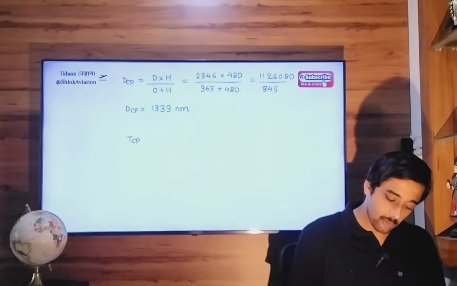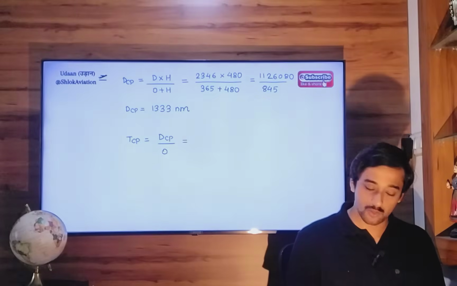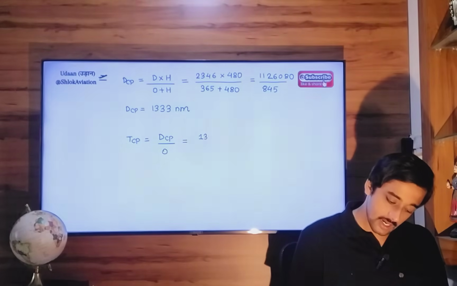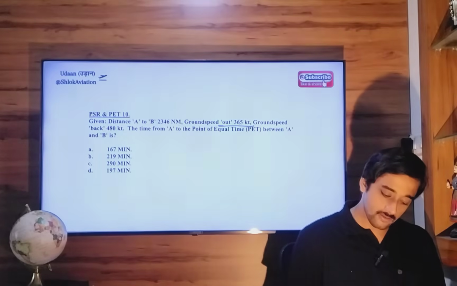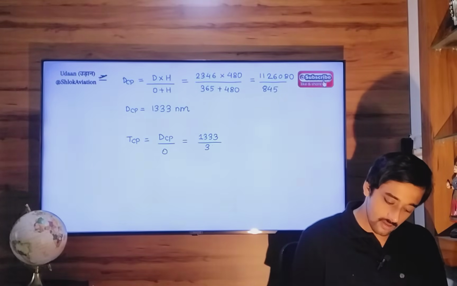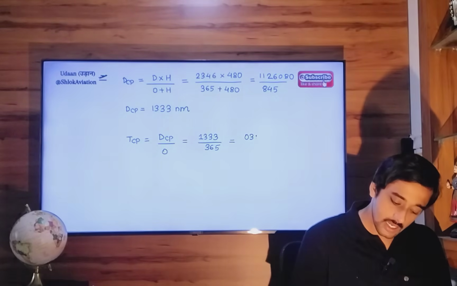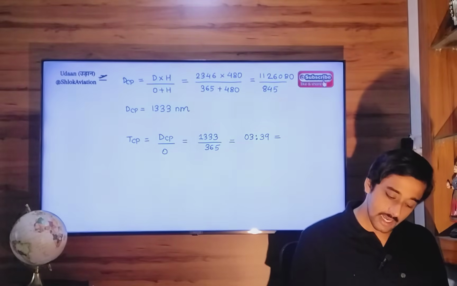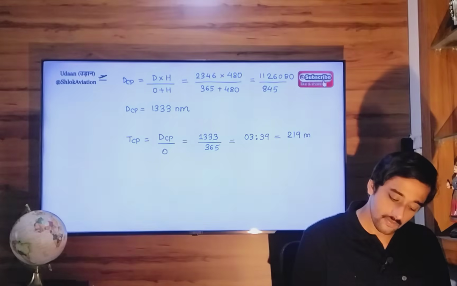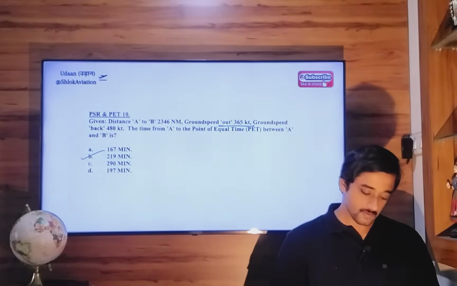Time to critical point will be distance to critical point divided by outbound ground speed. So 1333 nautical miles divided by outbound ground speed of 365 is equal to 3 hours 39 minutes or 219 minutes. Okay, so correct answer is option Bravo.